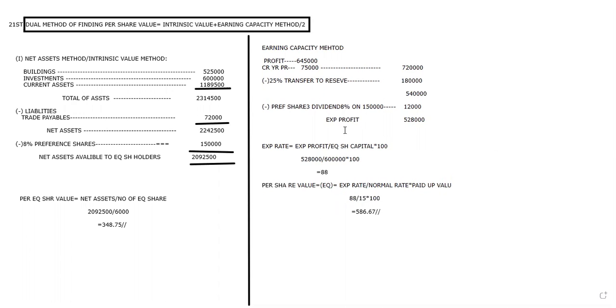Now I'm telling you the new method. What is the new method? Fair value method or dual method. So we call it fair value method or dual method, which is equal to simply the intrinsic value I have written in the formula above.